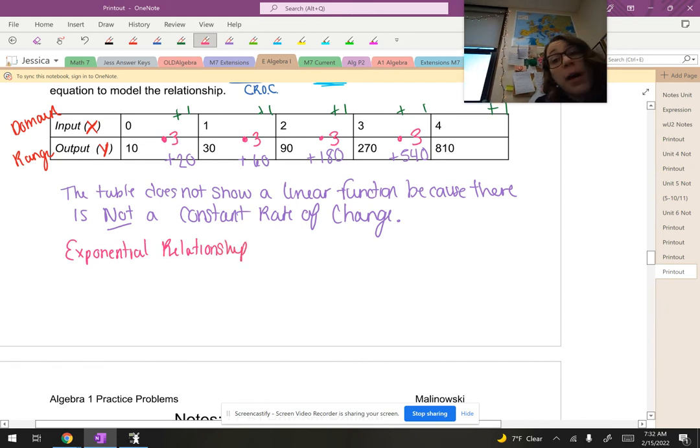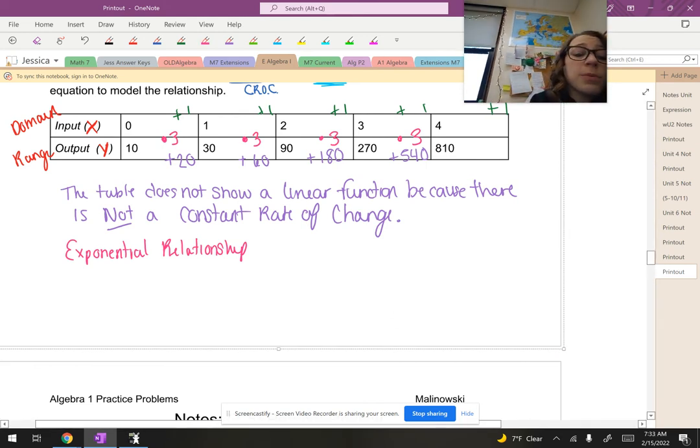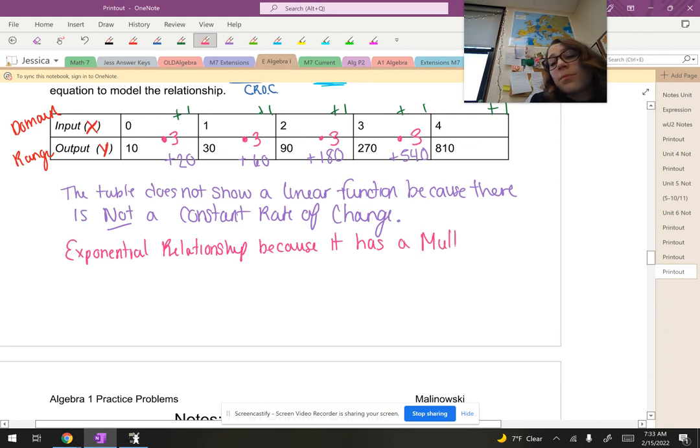Just because we're multiplying by 3 each time, that's not a constant rate of change. Constant rate of change has to be adding or subtracting. This is an exponential relationship because it has a multiplying factor.